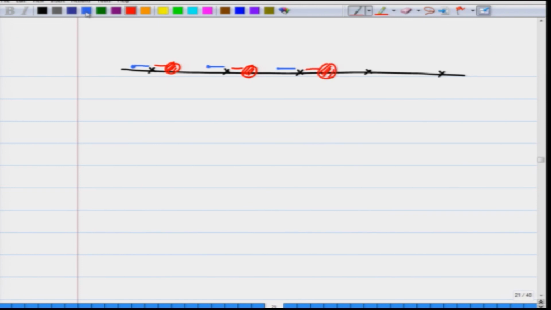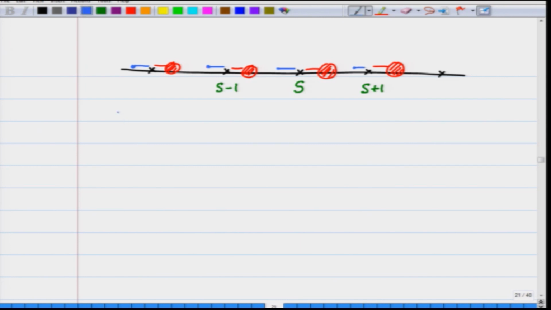I am just making 3 or 4 of them, because that is all I need to derive my equations for the nearest neighbor. So, let me take this site to be the sth site, the next one is the (s plus 1)th site, and the previous one is the (s minus 1)th site.